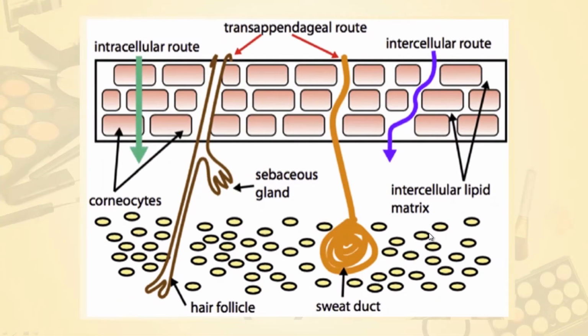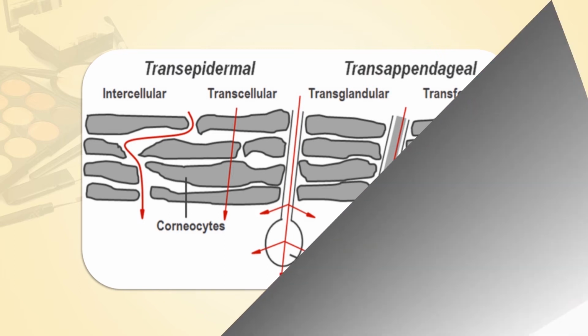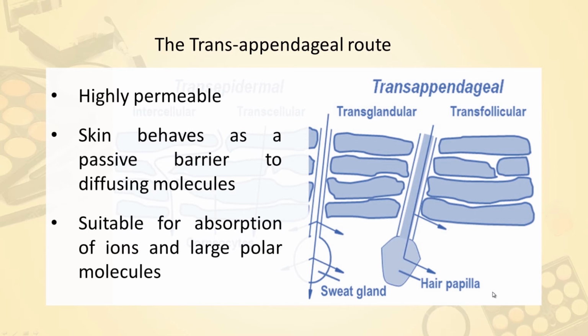The transappendageal route involves hair follicles, sebaceous glands and sweat glands, and the transepidermal route has two types: the transcellular route and the intercellular pathway. The transappendageal route is highly permeable but of less importance because of its relatively small area, which is 0.1% of the total skin area.